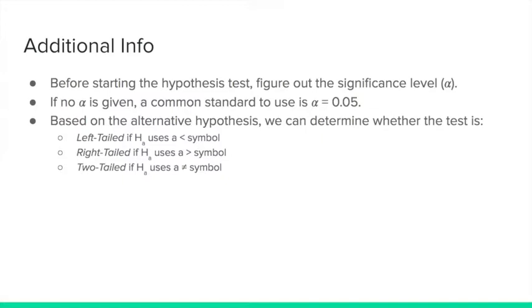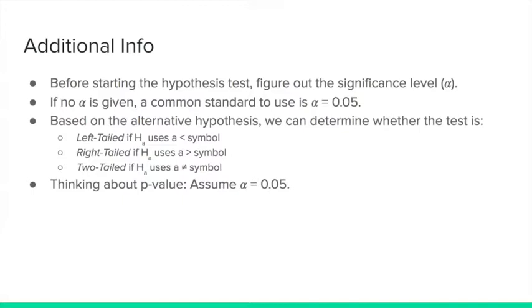But we definitely want to be paying attention to whether the alternative hypothesis has less thans, greater thans, or not equal tos, because that's something we're going to have to plug into the calculator. So we want to have an idea of what kind of tail our test has, even if we're not going to necessarily name it by that.